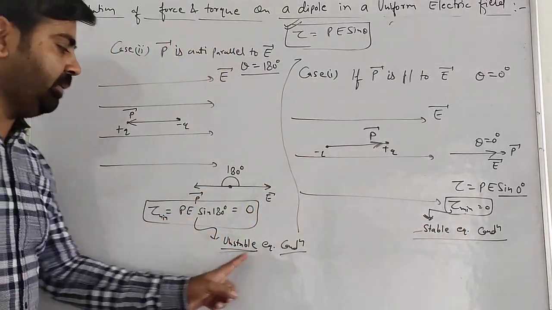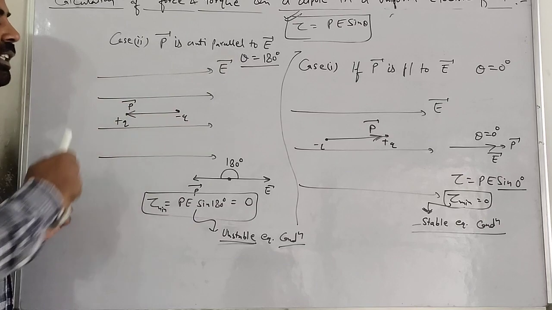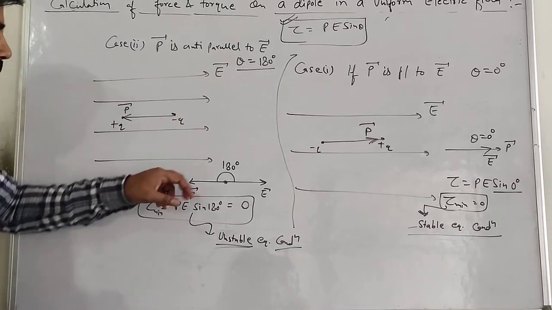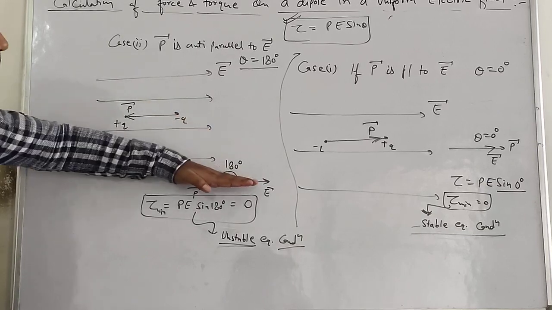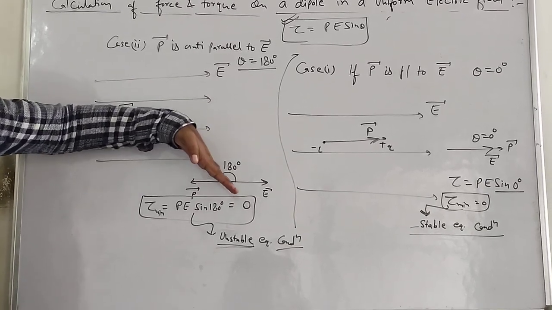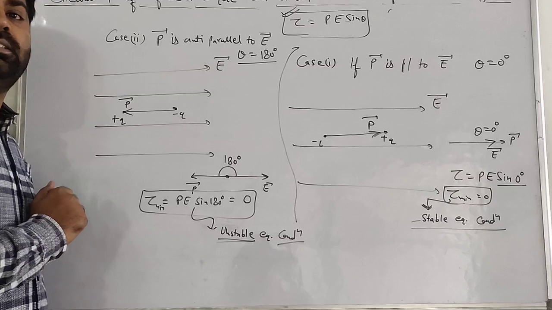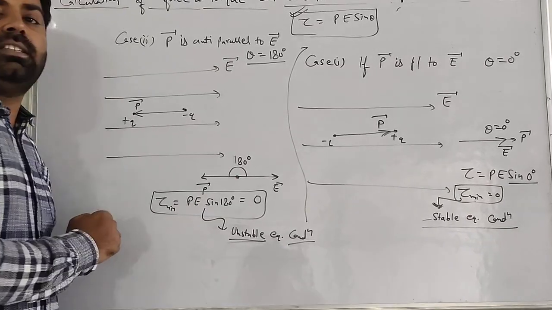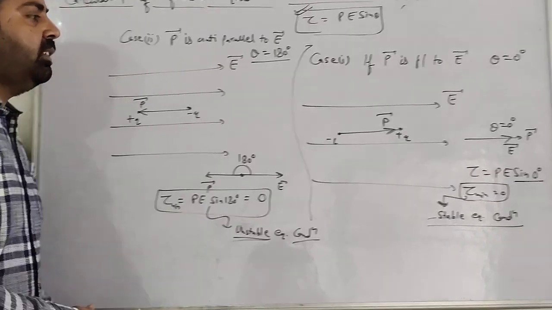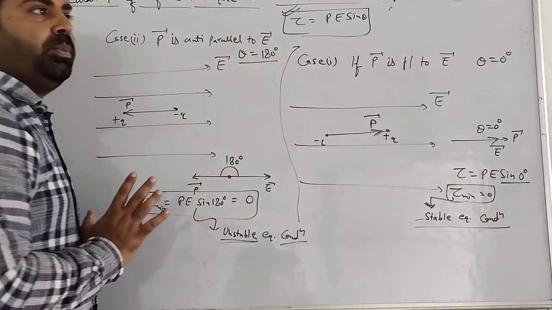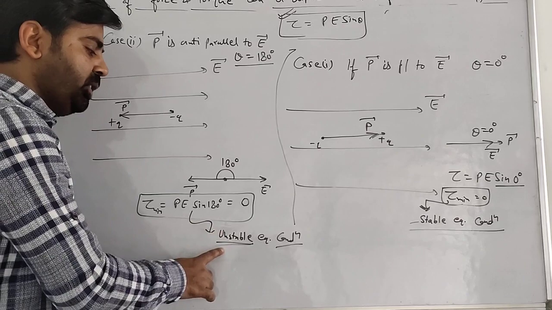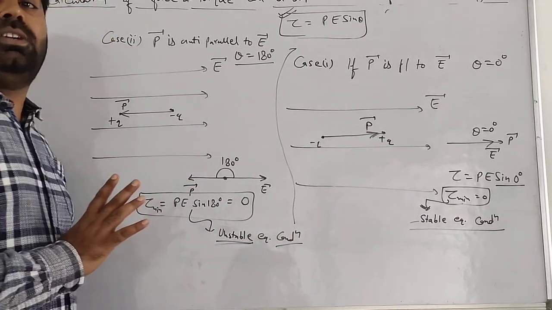But in unstable equilibrium condition, that means in the 180 degree situation, if we rotate this electric dipole at any theta angle, then it will not rotate back to the anti-parallel condition. It will rotate and come to rest at theta equal to 0 position.